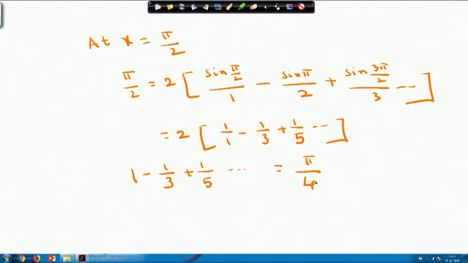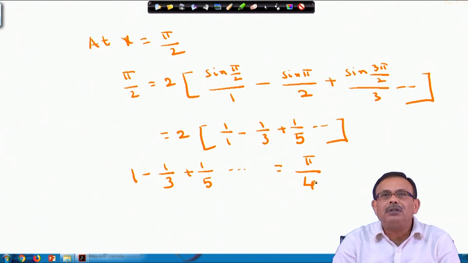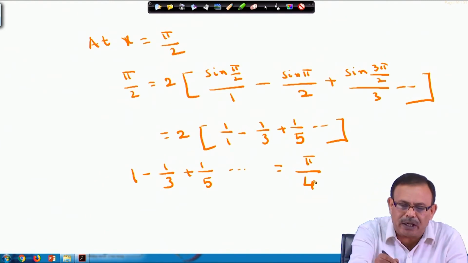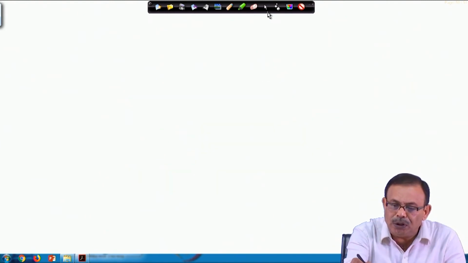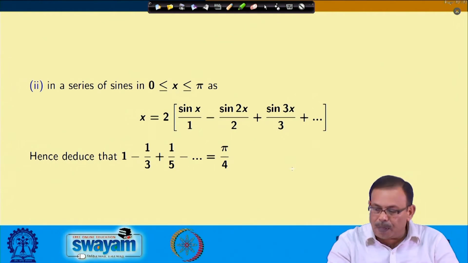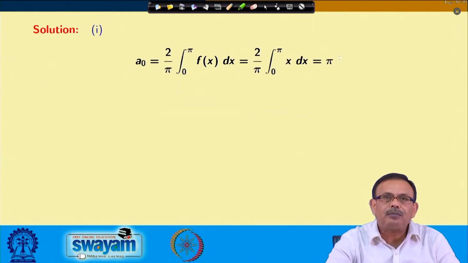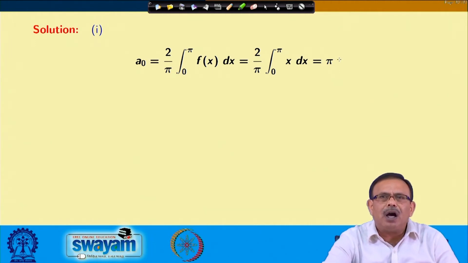So this is the value of the series, and the first one was the cosine series expression of f x equals x. If you see once, that was the original problem. First we find f x equals x in terms of the cosine terms.